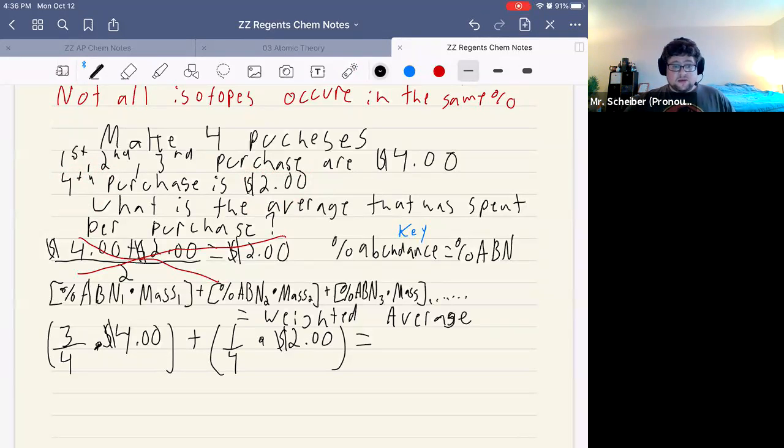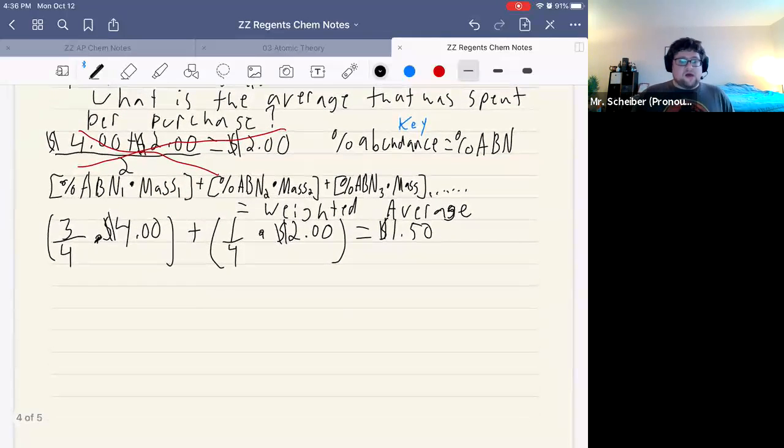And that is going to equal $1.50. So you spent an average of $1.50 per purchase. Notice how it's not $2, right? That is the correct way. So that's how we would find a percent abundance. Let's look at an example of how we would do it for calculating atomic mass.